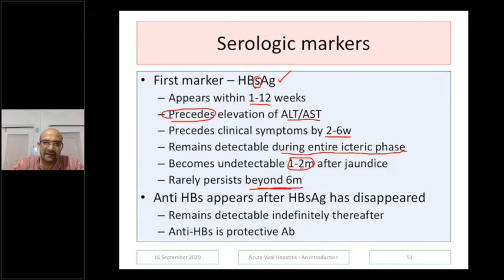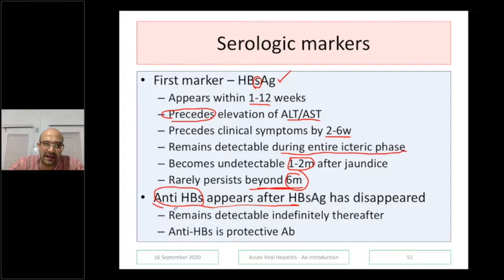After hepatitis B surface antigen disappears by 6 months, we start getting hepatitis B surface antigen antibodies, anti-HBs antibodies, and they remain detectable indefinitely thereafter. Anti-hepatitis B surface antigen antibodies remain lifelong, and anti-HBs antibodies are protective antibodies.